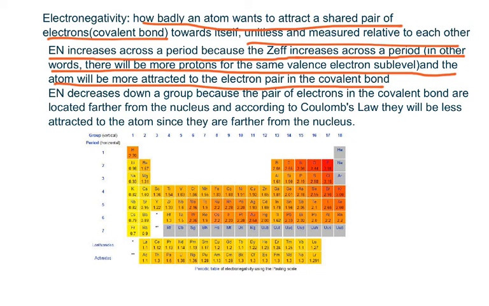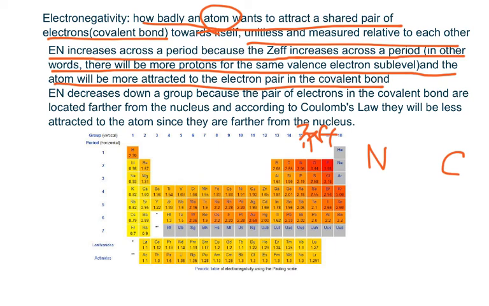So for example, if we take two elements like N and C, according to this table, N has a higher electronegativity than carbon, since N has a higher Zeff, which means that the protons pull on the electrons more strongly. And remember, electronegativity is just how badly an atom wants to pull other electrons toward itself.